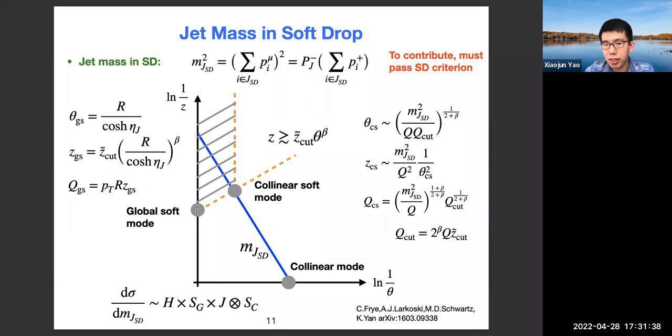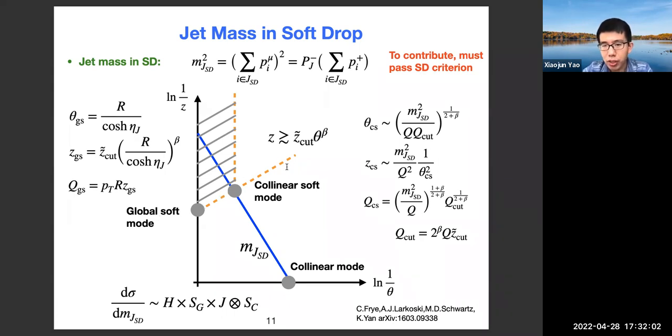And this mode sitting here at the intercept on the y-axis does not know anything about the jet mass measurement because it's far away from the jet mass measurement. So this one is independent of the jet mass measurement, but it still contributes, as an overall normalization factor. We call this scale the global soft scale.